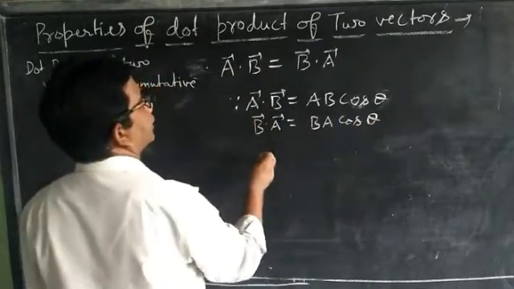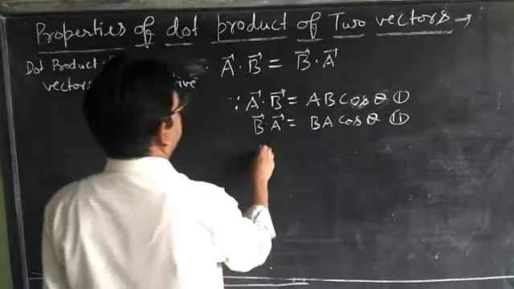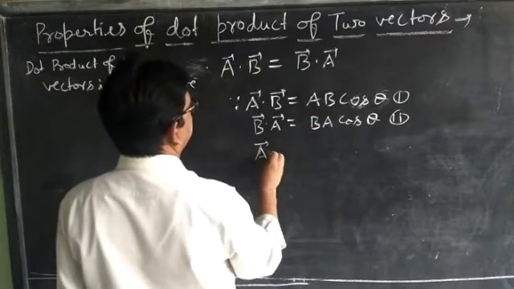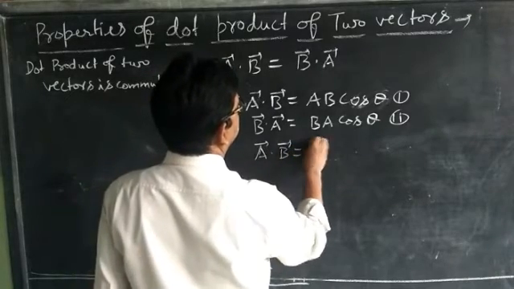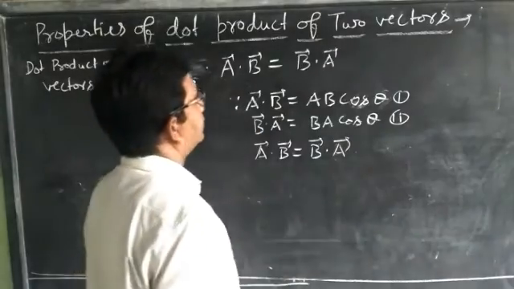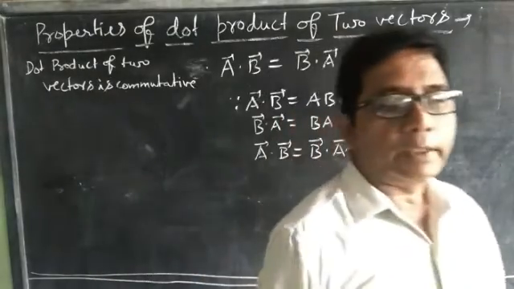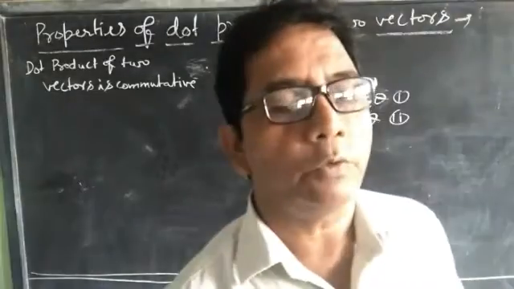Then from the first and second, vector A dot vector B is equal to vector B dot vector A. Thus we can say that the dot product of two vectors is commutative.